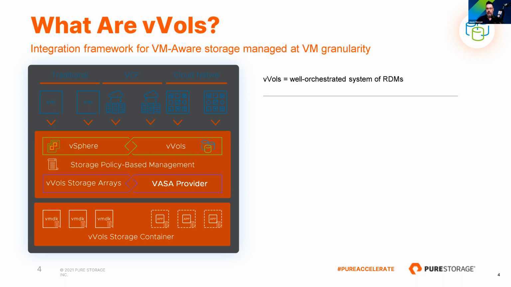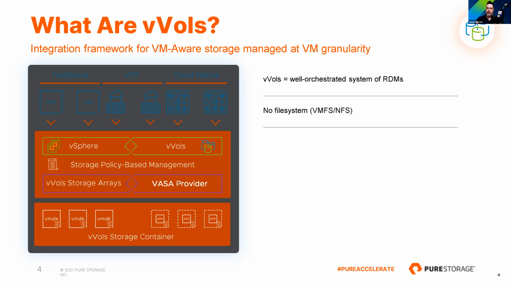So there's no VMFS, there's no NFS. Whatever the guest OS file system is on that object is the file system sitting on the array natively. So we call those a first-class citizen, because each object that the VM uses is dedicated to that VM. And there are some benefits to that.